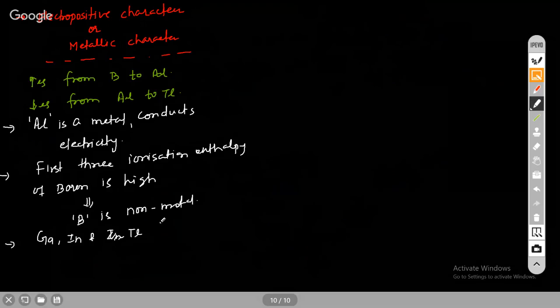So the best metal in this group is aluminium. That is what you have to memorize. Boron is a non-metal, aluminium is a metal, and all other elements have very little tendency to lose electrons because of poor shielding effect of d and f orbitals.